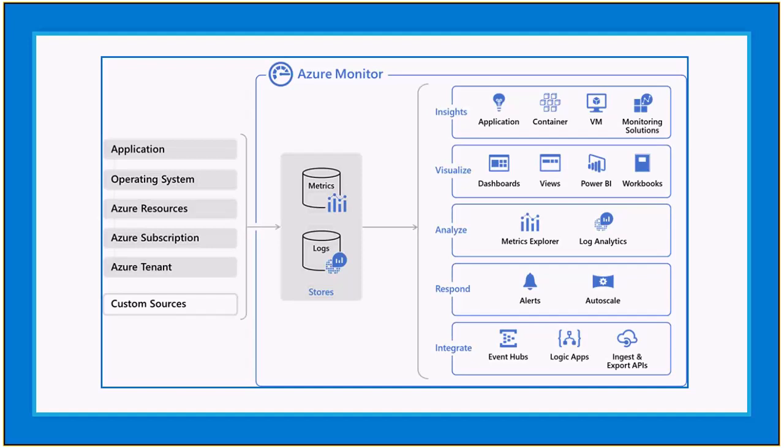Which means that you can monitor individual applications, or individual resources. You can monitor things at the Azure subscription level, at the Azure tenant level, which is if you have an Azure Active Directory set up.